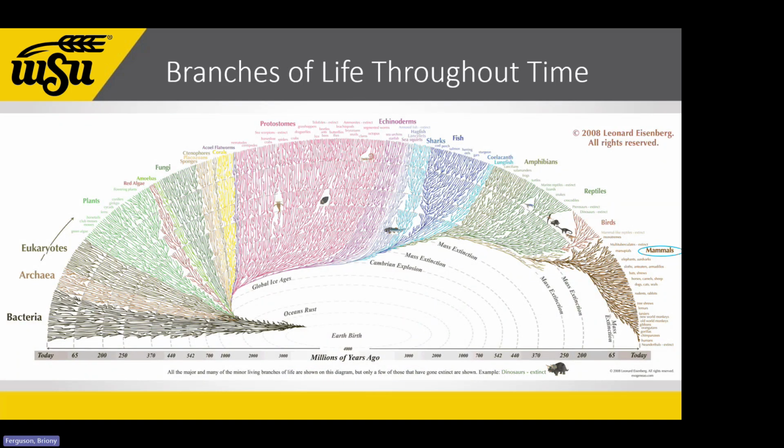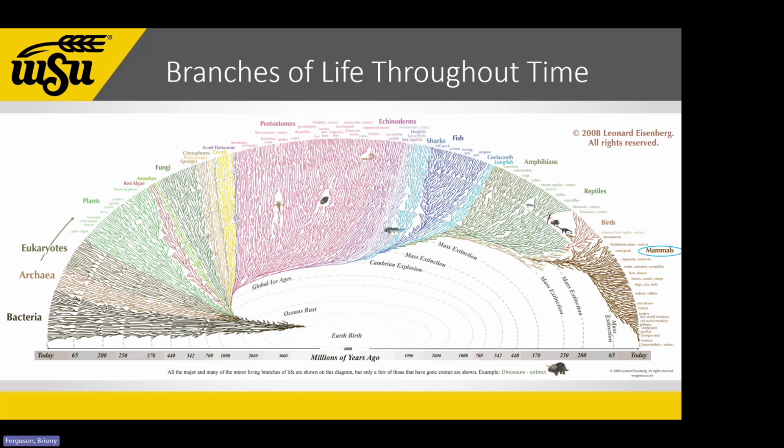I also have this little graph for you guys. It's really not that important. I just think it's kind of cool. And this shows the branches of life throughout time. You can see we have bacteria, we have fungi, we have fish, and then way over on that right side, we have mammals.